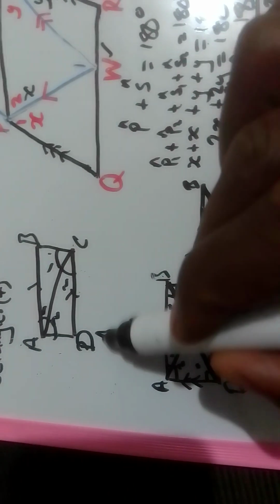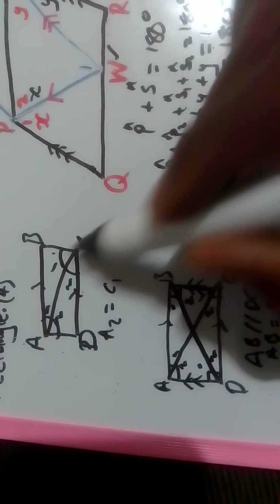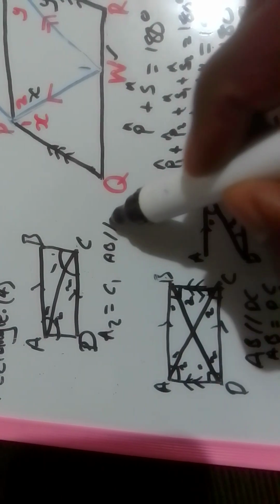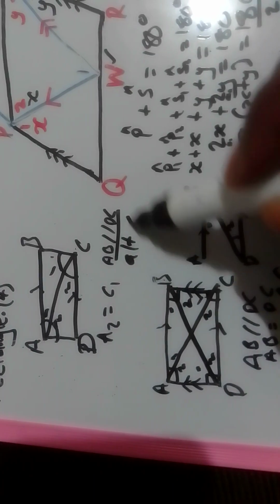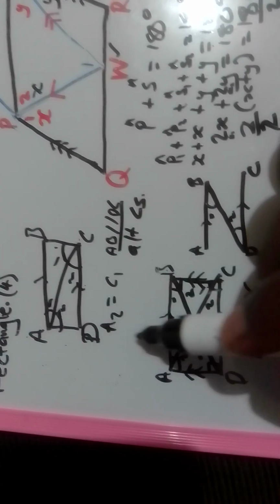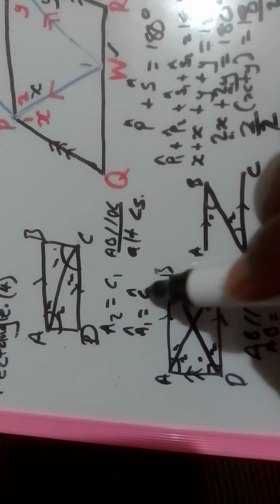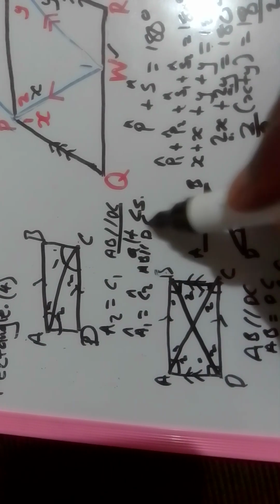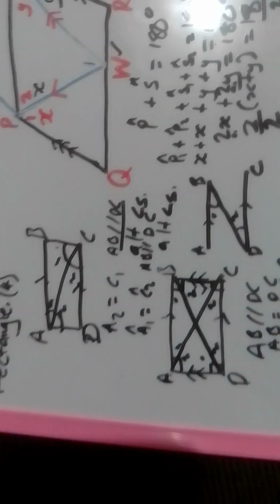So we are simply saying A2 is equal to C1, and we say that we've got AB, which is parallel to DC, and since they are parallel, now we say alternate angles are equal, and angle A1 is equal to angle C2. We have got AB, which is parallel to DC, and we are saying alternate angles are equal.